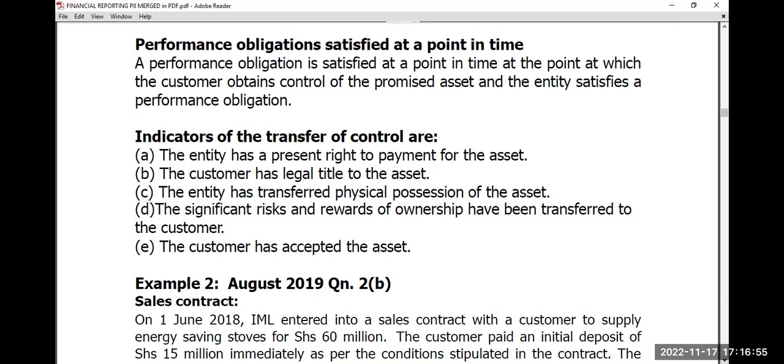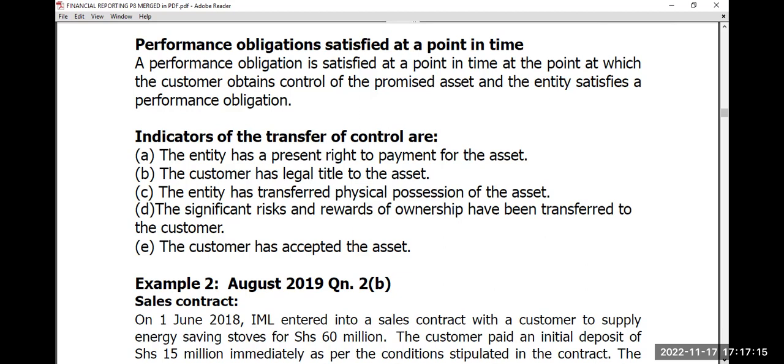We are saying that a performance obligation is satisfied at a point in time at the point at which the customer obtains control of the promised asset and the entity satisfies the performance obligation.